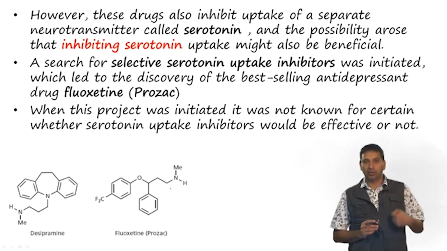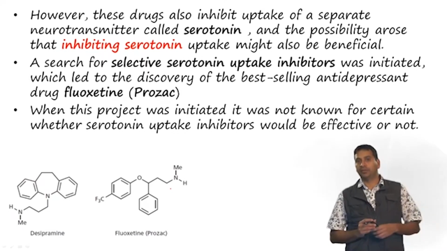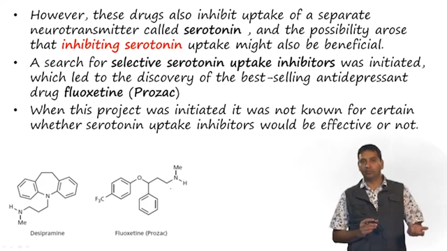So, the possibility arose of inhibiting serotonin uptake because this has a very important implication in antidepressants. So, what was figured out during this process was that inhibiting serotonin uptake would result in perhaps a new class of inhibitors, and then a search for selective serotonin uptake inhibitors was initiated.